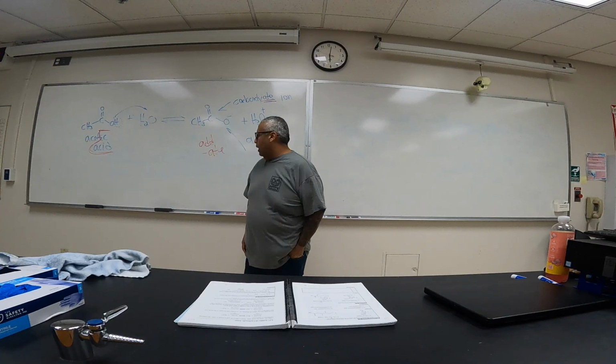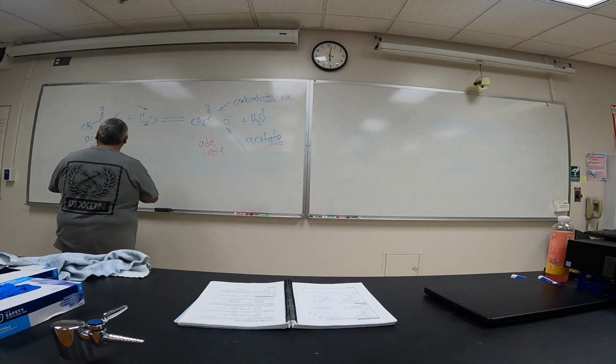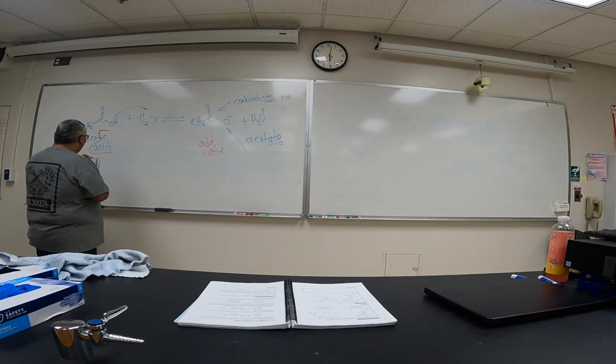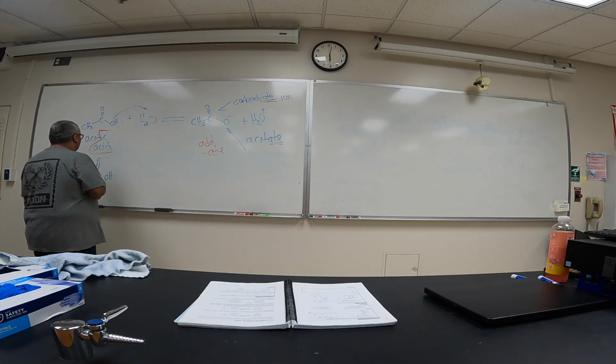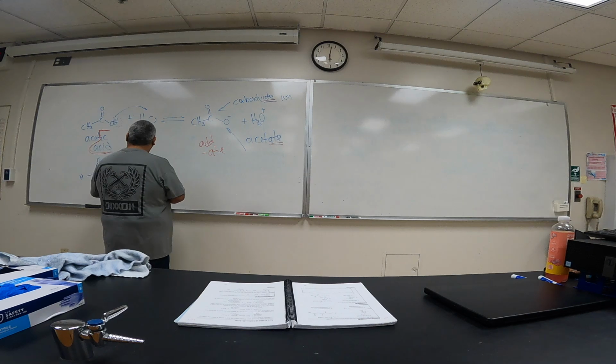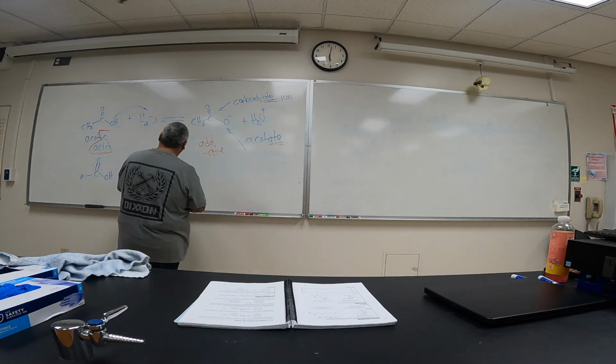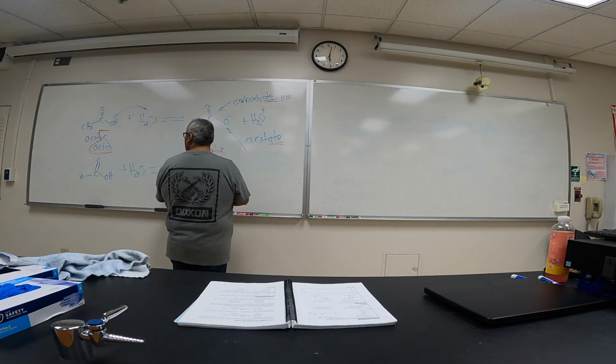We drop ic acid and we add ate. So let's take formic acid. We're just going to stick it in some water, and we're going to ionize it.